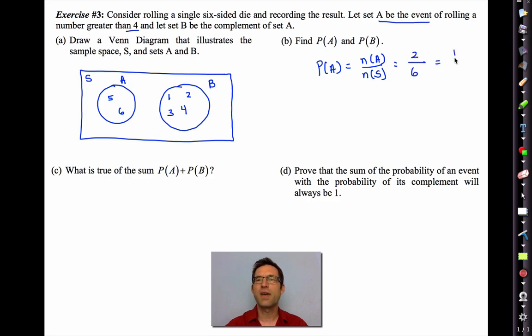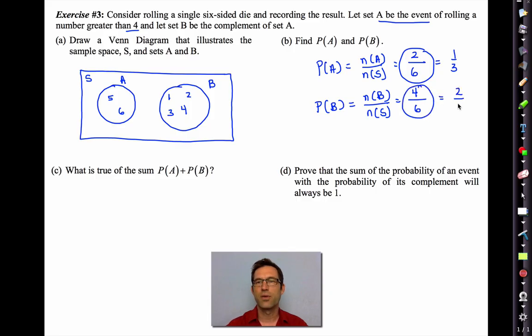Now, I can reduce that down to 1/3, but I actually like it as 2/6. The probability of B, easy enough, is the number of elements in B divided by the number of elements in the set. There are 4 elements in B, there are 6 elements overall. We can write it like that, or we could reduce it to 2/3, either way.